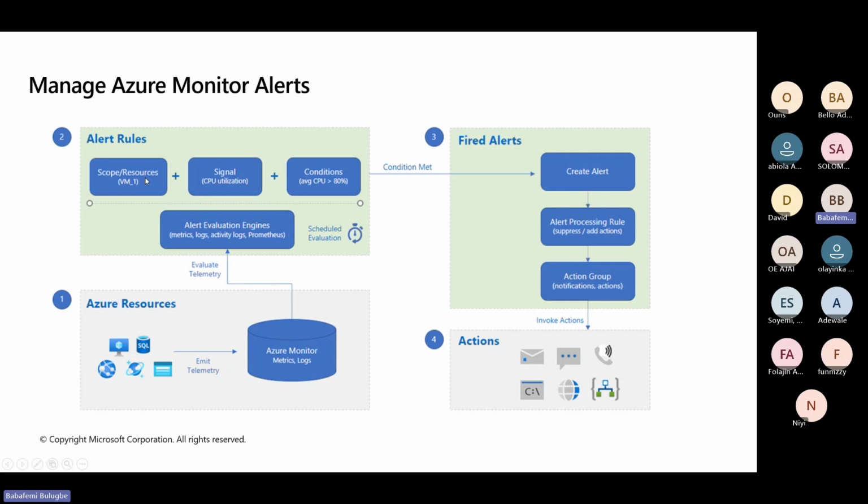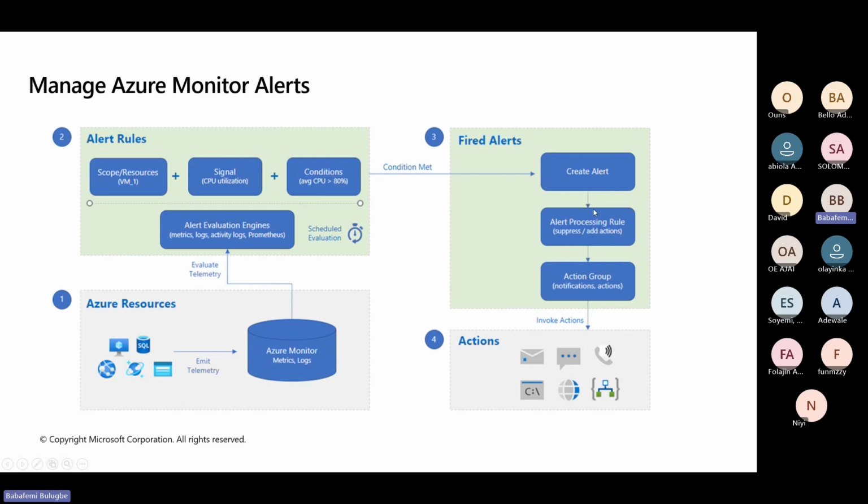So you have the resource, which is the VM, and VM CPU utilization. The condition: when the CPU usage is above 80%, the condition has been met and you need to fire an alert. If the CPU usage is still 60%, 30%, the condition has not been met, no alert will be created. When it's above 80%, an alert is created.